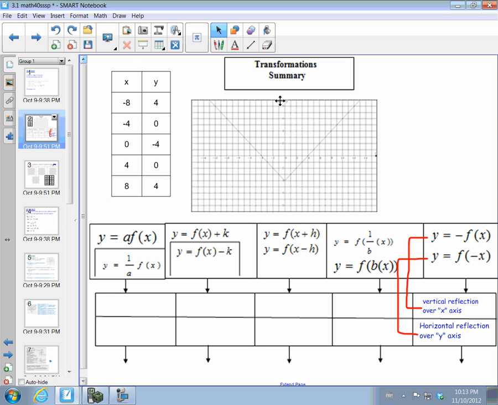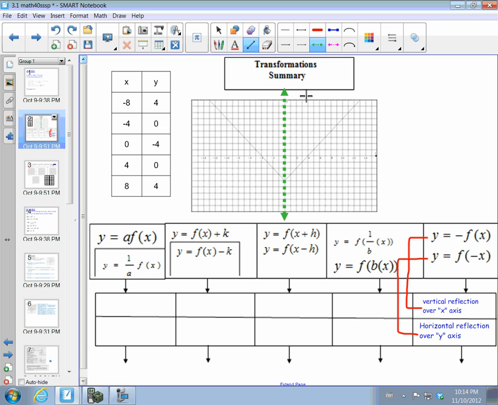So for example, this absolute value graph up above, if we were to reflect it horizontally over the y-axis, the f at negative x rule, take a look up here. I'm going to draw an imaginary fold line here in green. And now if you folded the paper along that green line, the graph would map perfectly onto itself.